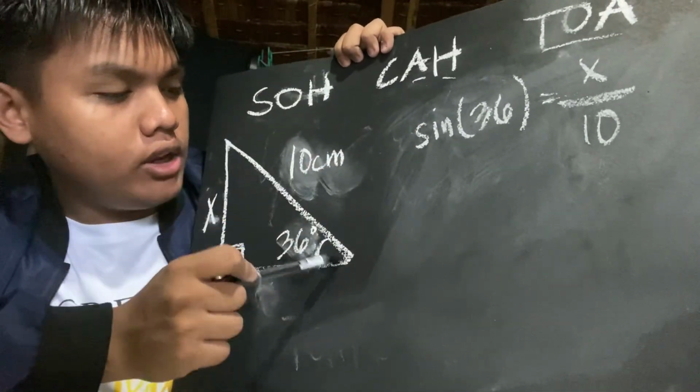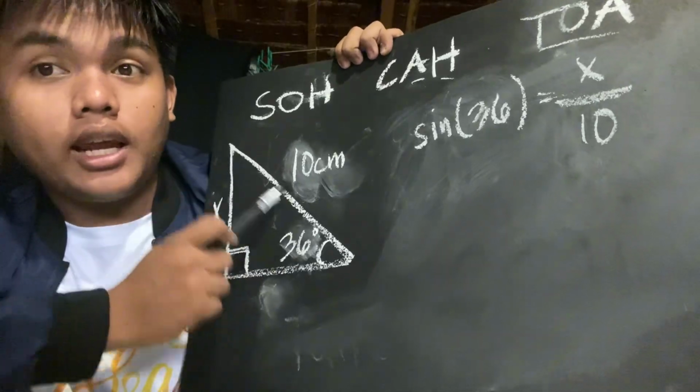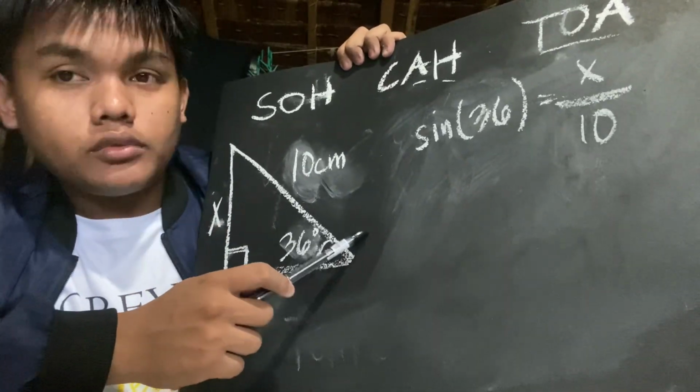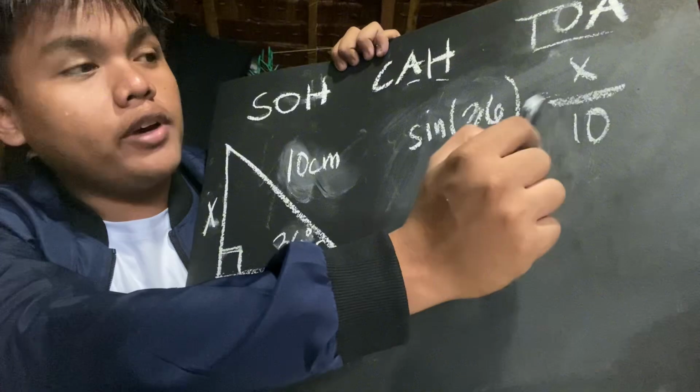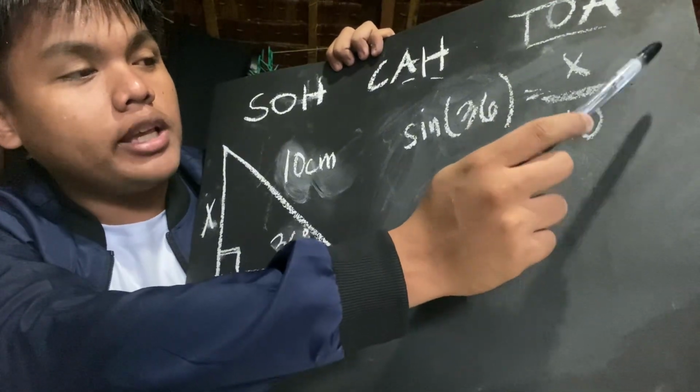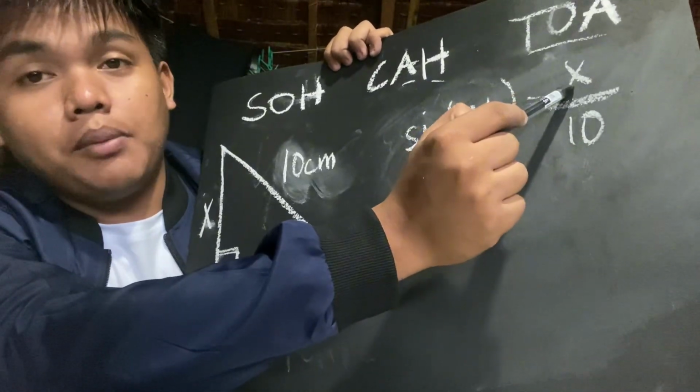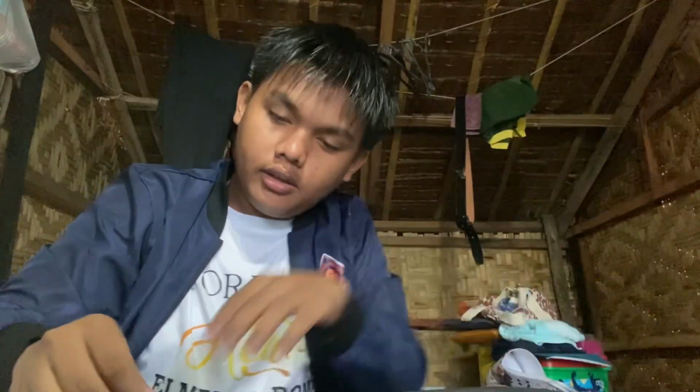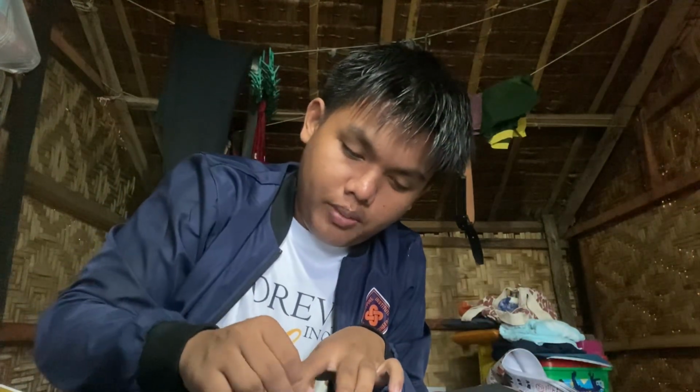The hypotenuse is the longest side of the triangle. So we will find x. To find x, we will multiply both sides by 10, so that the x will remain and the 10 will be cancelled out. So times 10, cancel the 10, and the remaining will be x equals 10 sine 36.